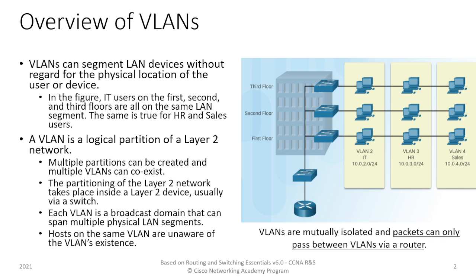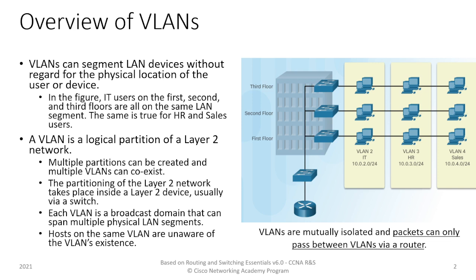Say, for example, within each of the floors, we can selectively assign certain connections, certain nodes, as different departments, like belonging to the IT department, belonging to HR, or belonging to sales. Likewise, we are able to segment them into different virtual local area networks, even though they belong to the same physical local area network.